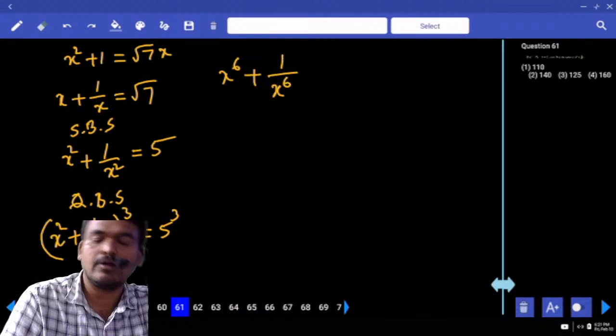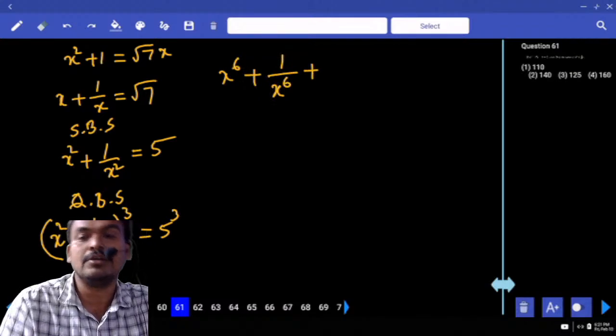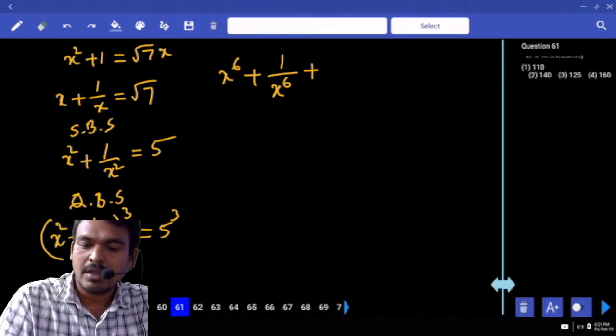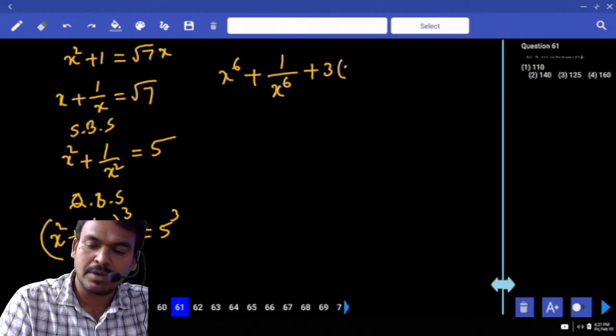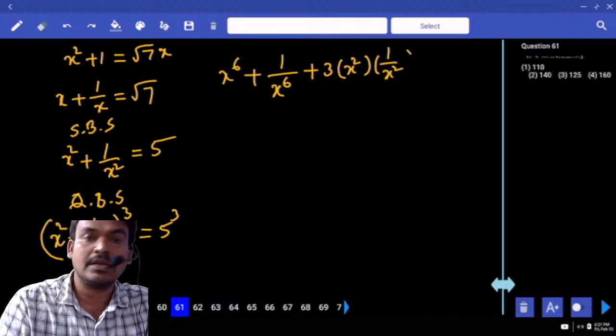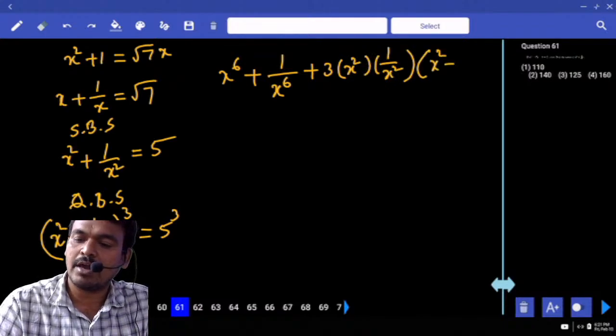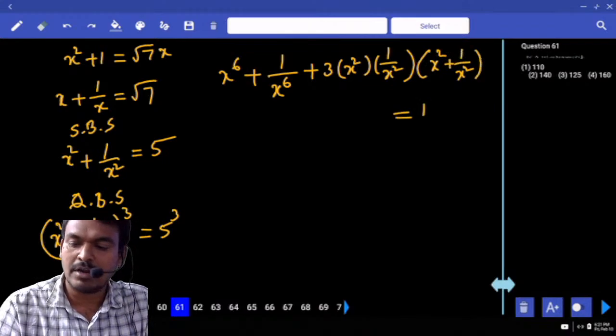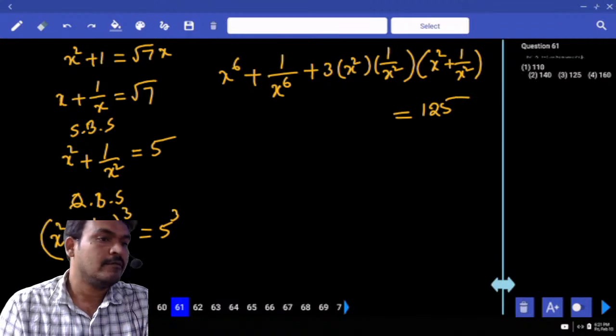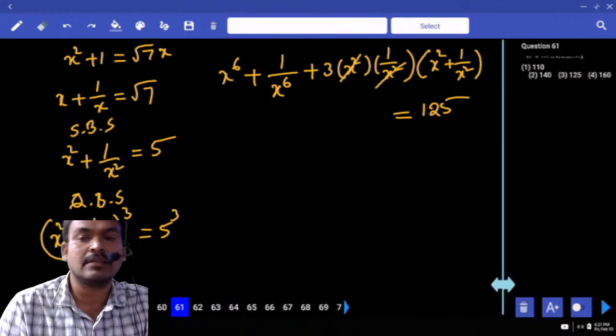1 by x power 6 plus 3ab into a plus b or not? 3 into a plus b, nothing but x square into 1 by x square. 3ab into a plus b or not? What is the a plus b value? x square plus 1 by x square. That is equal to how much value? 125. First of all, x square and x square cancel or not?